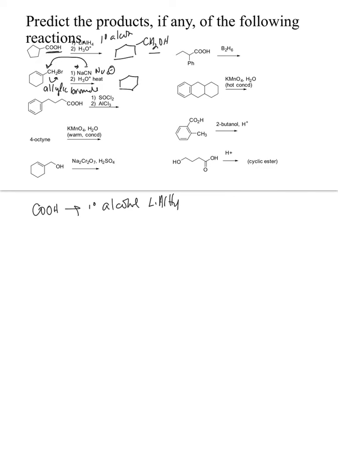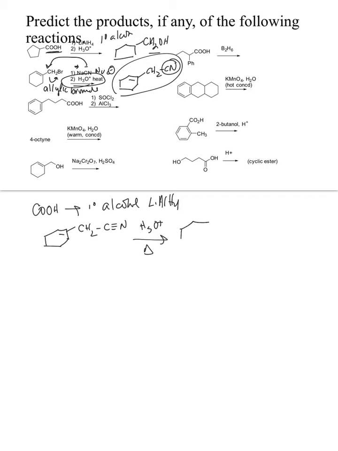So first you have a substitution with the nitrile. But then what happens when you add the acid and the heat? The acid and the heat will hydrolyze the nitrile to a carboxylic acid. So if I draw this down here, the nitrile gets hydrolyzed to a carboxylic acid.